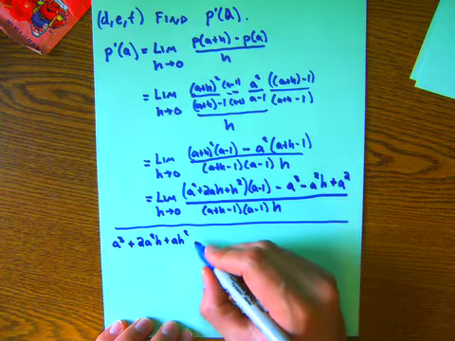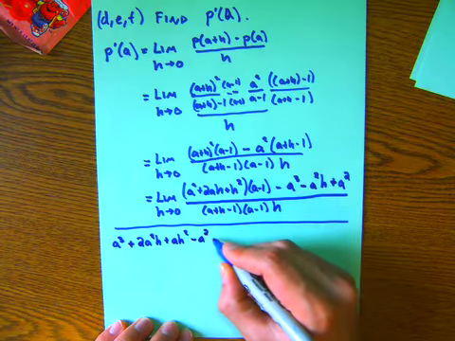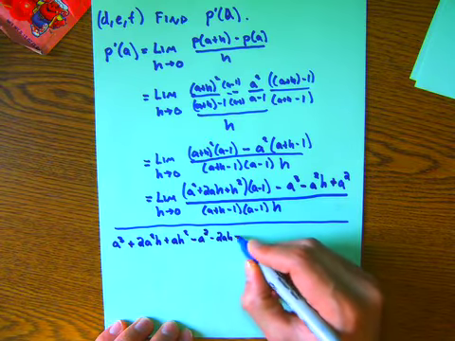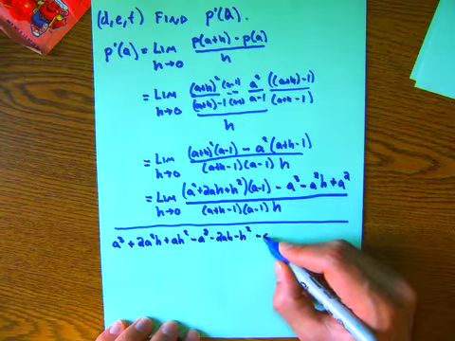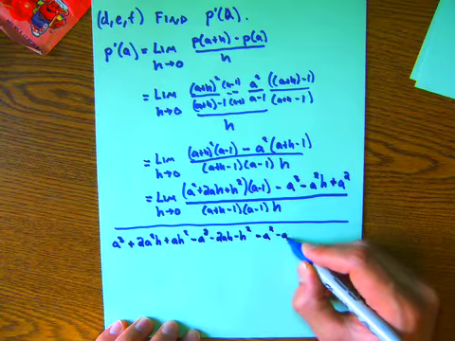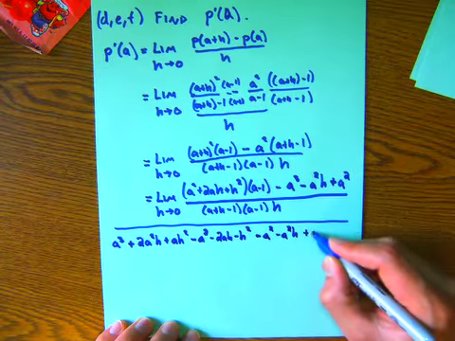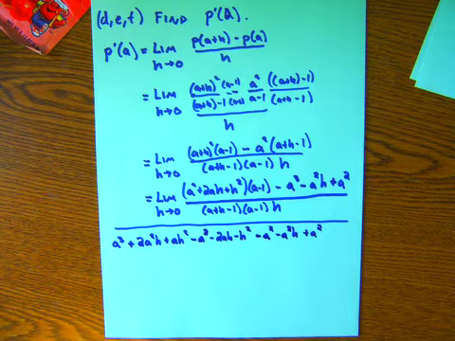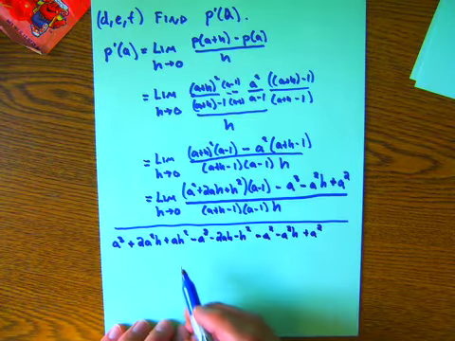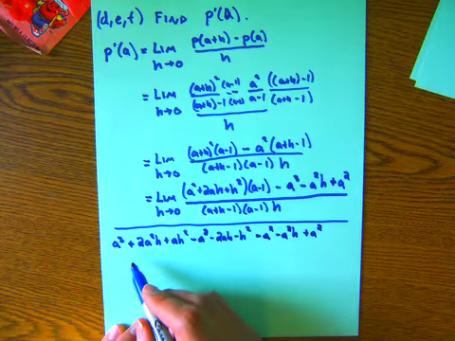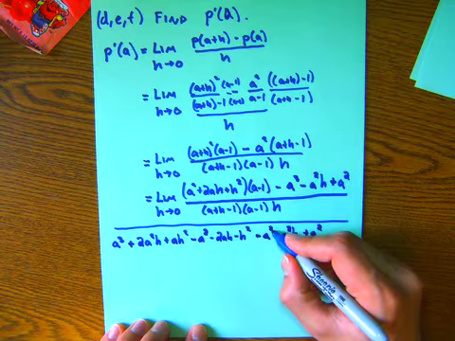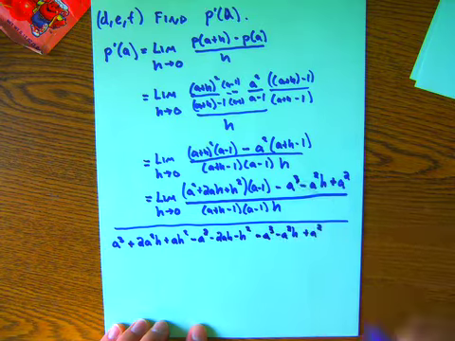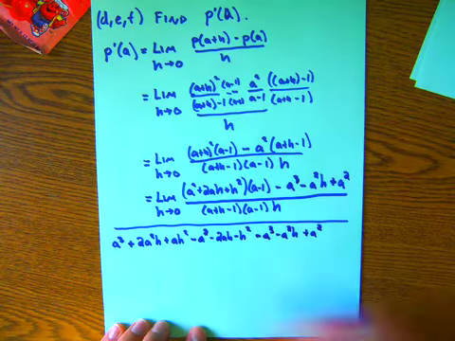And if I distribute the minus 1, I get minus a squared minus 2ah minus h squared. And I have these terms right here: minus a squared minus a squared h plus a squared. And I want to simplify this as much as I can. I'm sorry, this is an a cubed right here. It's hard to write a 3 with a chunky pen.